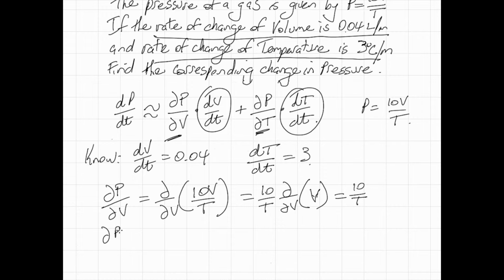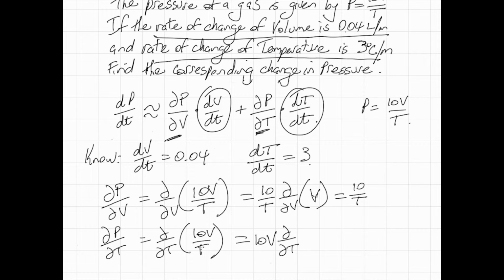The partial derivative of the pressure with respect to temperature. Now what's constant here? The V. So 10V is constant and can come out the front, so we take the partial derivative with respect to temperature.